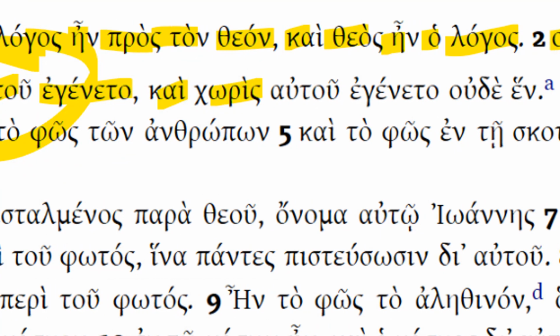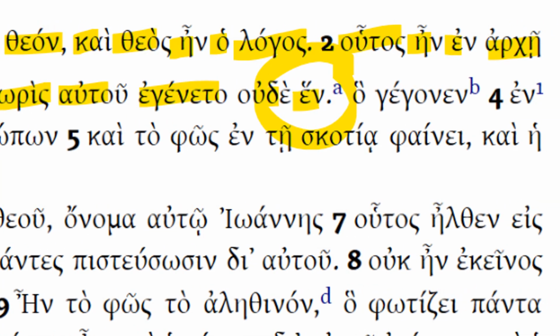Kai choris autou egeneto oude hen. We've got a rough breathing mark here on hen. Now what you're seeing now is that you have breathing marks and accent marks sometimes on the same letter. Same thing right here with ho gegonen.